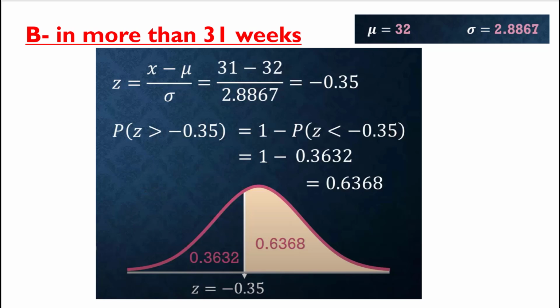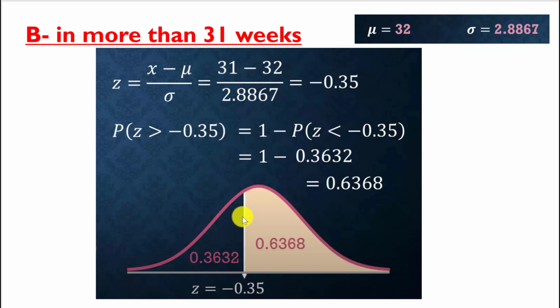Requirement B, find the probability of x greater than 31 weeks. So z equals x minus mu divided by sigma, equals 31 minus 32 divided by 2.88, which equals negative 0.35. We need the probability that z is greater than negative 0.35.